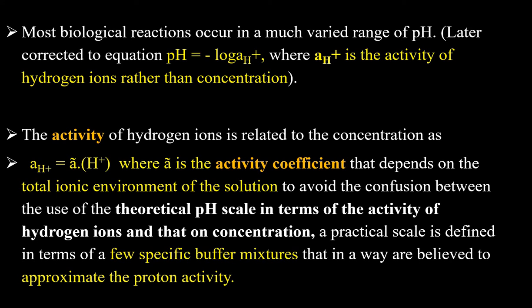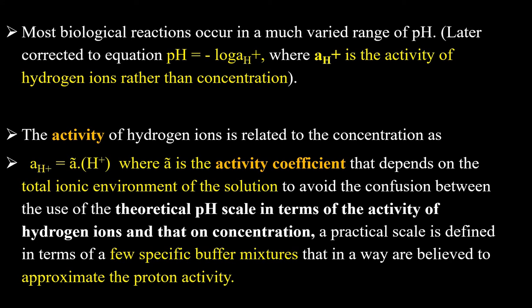particular solution. To avoid the confusion between the use of the theoretical pH scale in terms of activity of the hydrogen ions and that on concentration, a practical scale is defined in terms of specific buffer mixtures that are believed to approximate the proton activity.